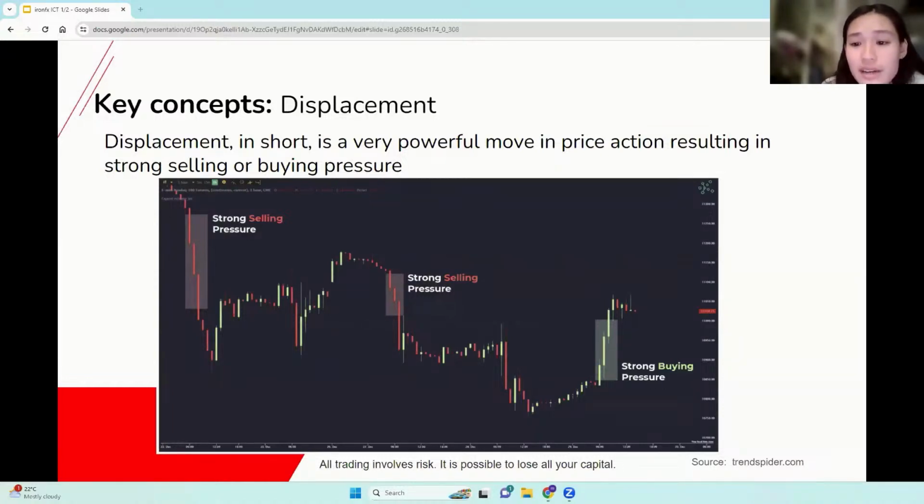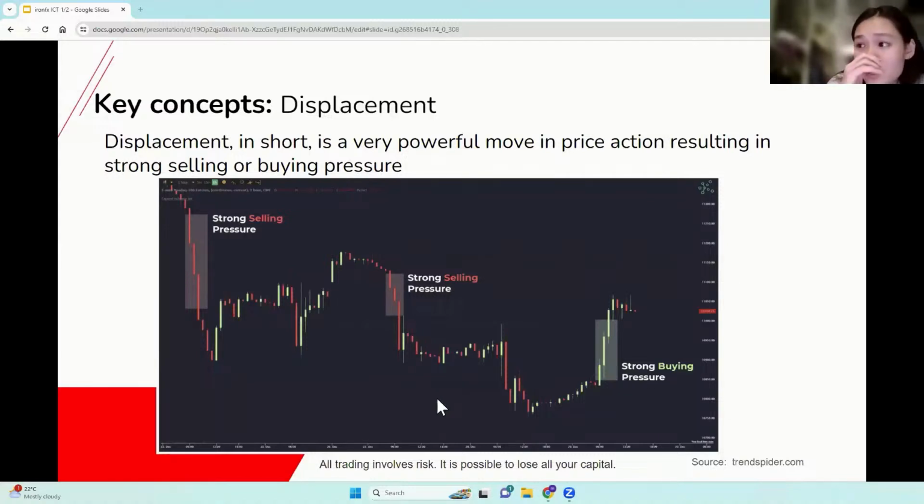These candles typically have large real bodies. You can see in the image here, strong selling pressure would look like these candlesticks, which have large real bodies and very short wicks, and that suggests that there is very little disagreement between buyers and sellers.